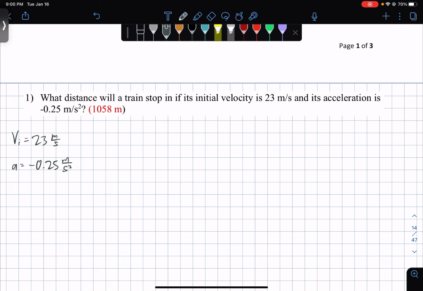So we're looking for the distance if a train stops. So Vf is going to be 0 meters per second. Distance is missing. We're not given any time, so I can't really say if this is going to be more challenging.